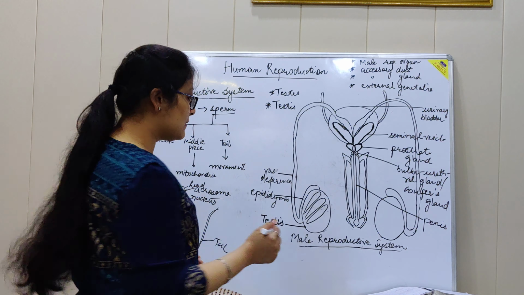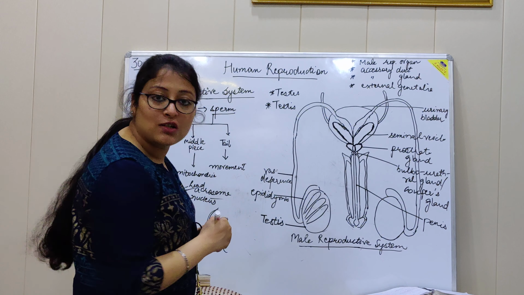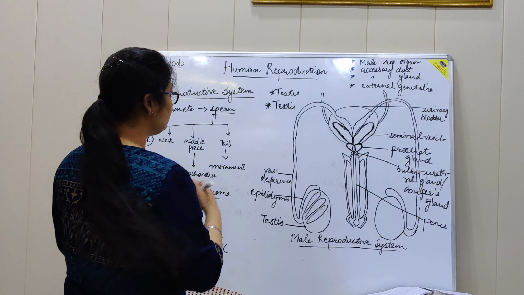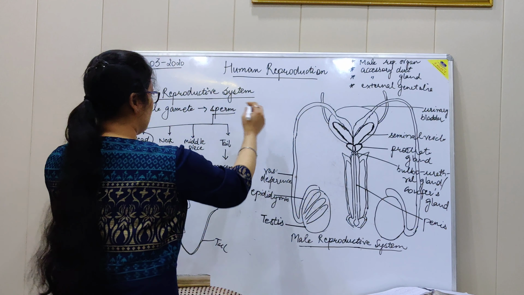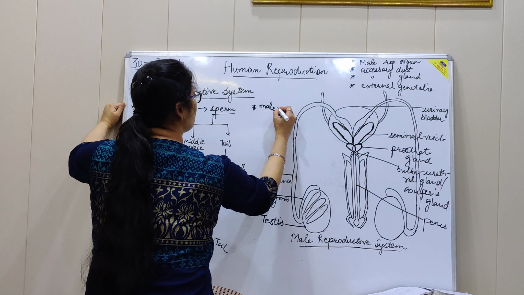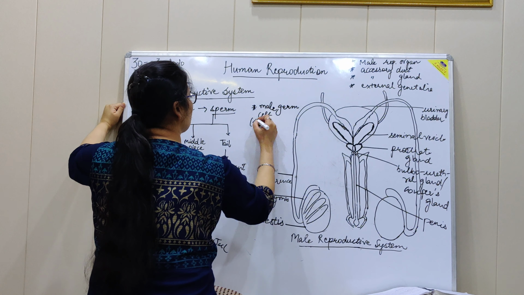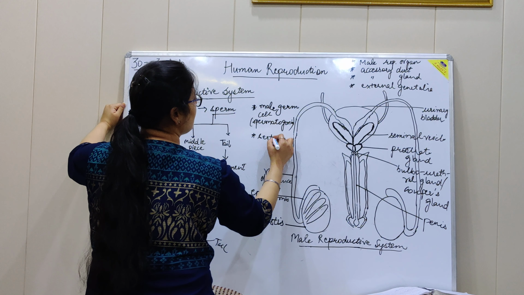Seminiferous tubules consist of two types of cells. One is male germ cell, or you can say spermatogonia, other is Sertoli cell.